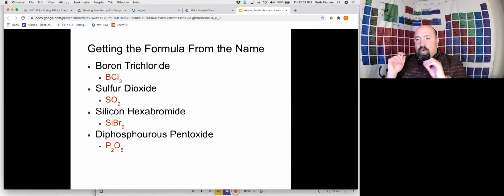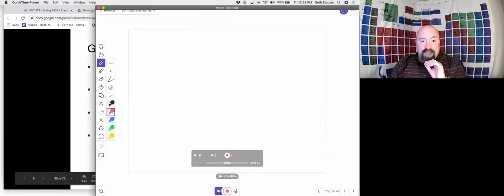And so it is very, very, very important to note that you only ever use these prefixes for covalent or molecular compounds when it is two non-metals. Do not use these prefixes for ionic compounds. It will absolutely be incorrect.